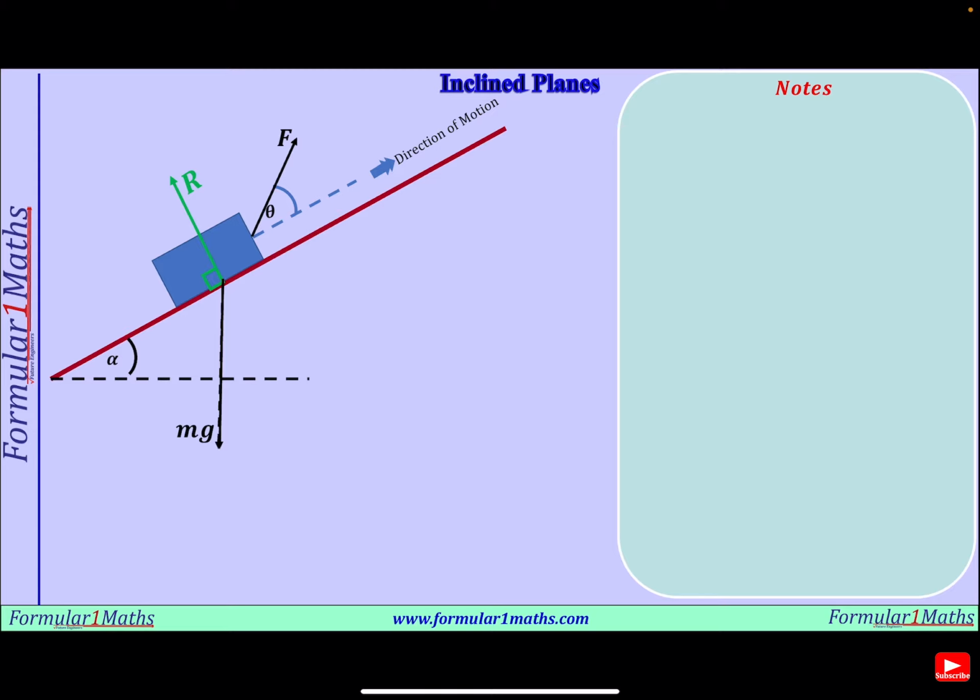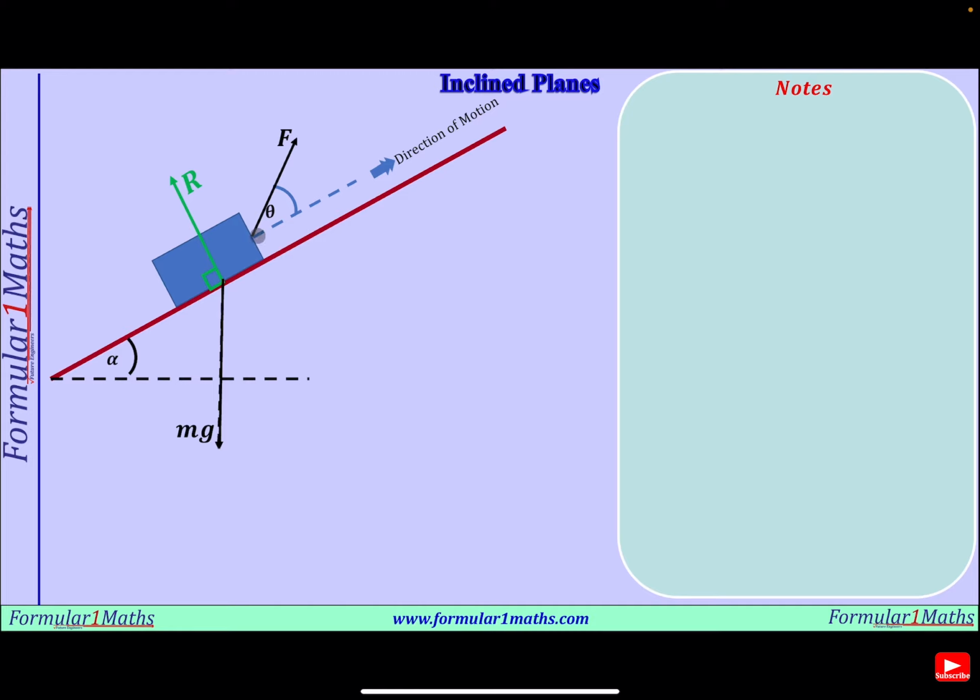So we have a situation like this here, where we've got an inclined plane, inclined at an angle alpha to the horizontal. And like we said, the reaction is perpendicular to the plane, as you can see.